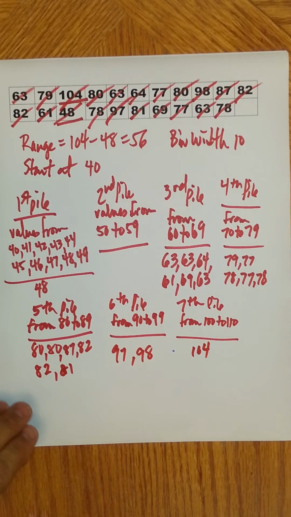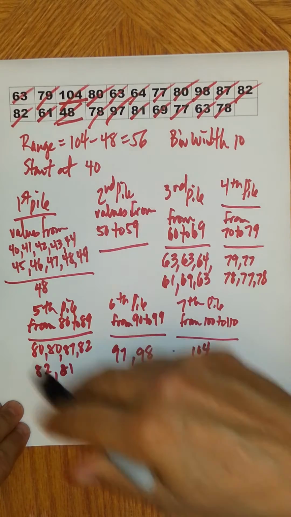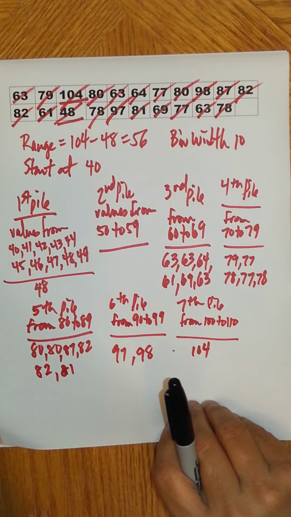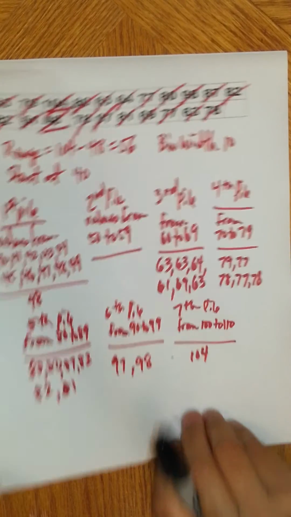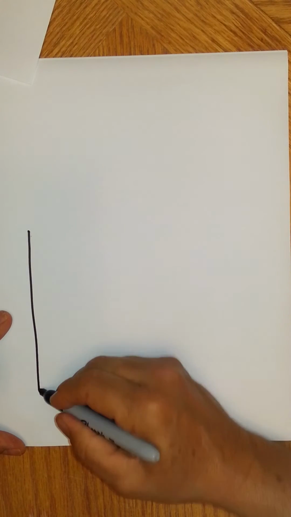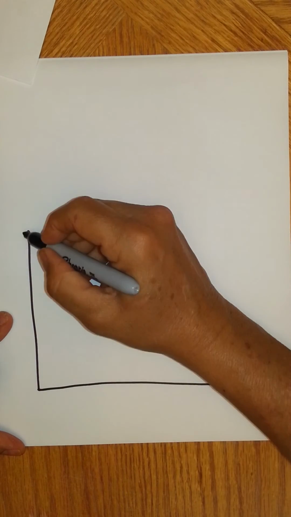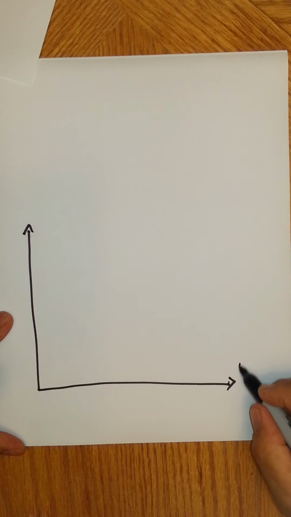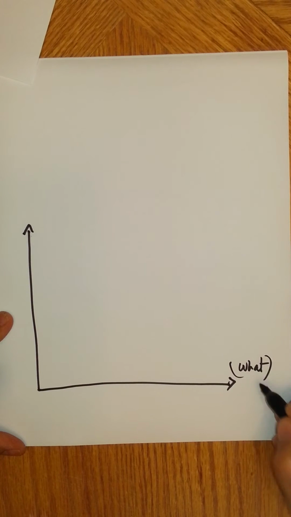And what we're going to do now is represent these piles in a column form, have sort of these bars. So what you're going to do is draw a set of axes like this. Okay. Now here we're always going to have the what on the x-axis.